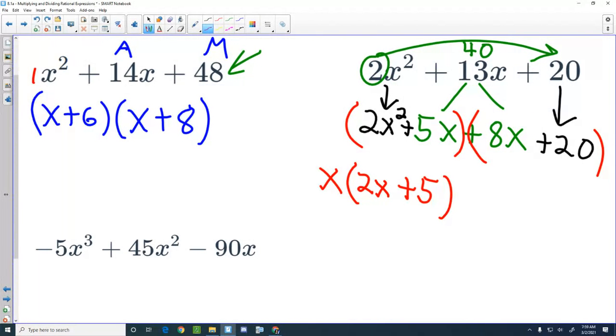A 4, a positive 4. And so I'm going to write plus 4, parentheses. Inside the parentheses, I'm going to write those same two terms after dividing them both by 4, the GCF. So 8x divided by 4, well, that's just going to be 2x. What's 20 divided by 4? 5.